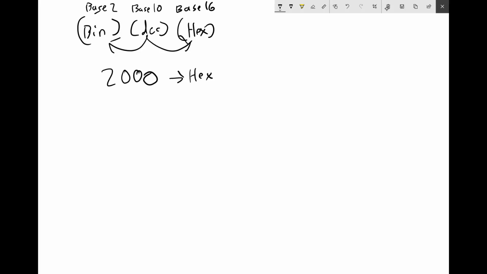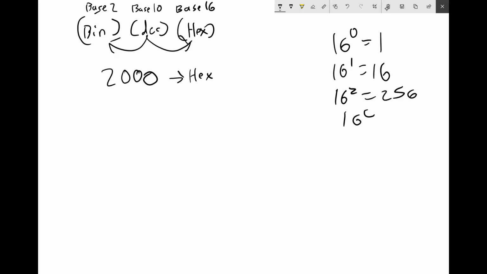First of all, we do the same thing we did with binary. We do 16 powers. With binary, we did 2 to the power; here we're doing 16 to the power because it's base 16. 16 to 0 equals 1, 16 to 1 equals 16, 16 to 2 equals 256, and 16 to 3 equals 4096.